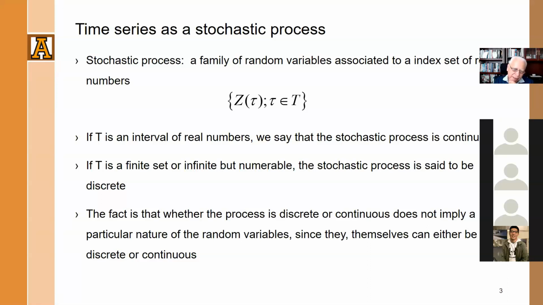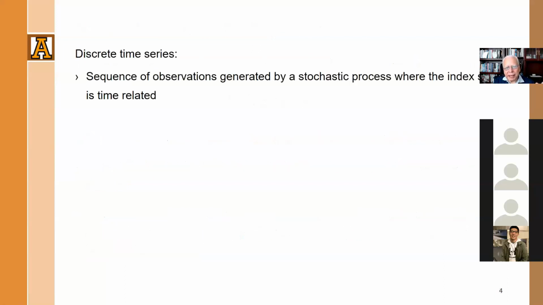So my random variable could be measured at different locations, and then my series would not be a time series, it would be a spatial series. We have a series that's related in space, a spatial series.